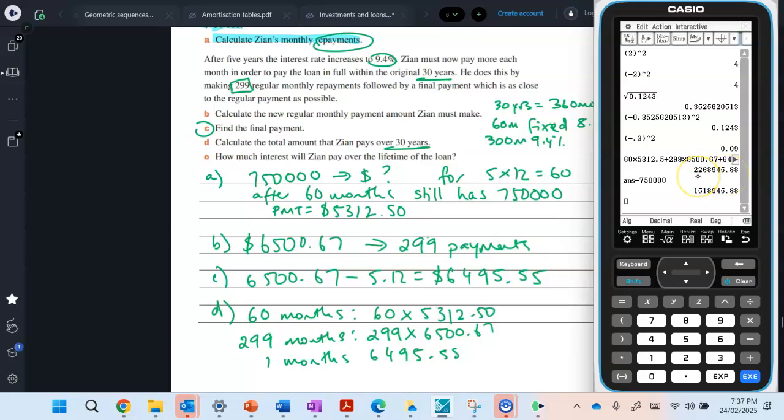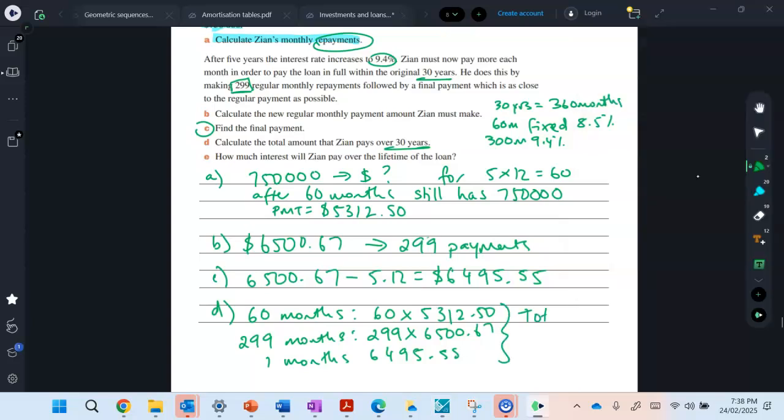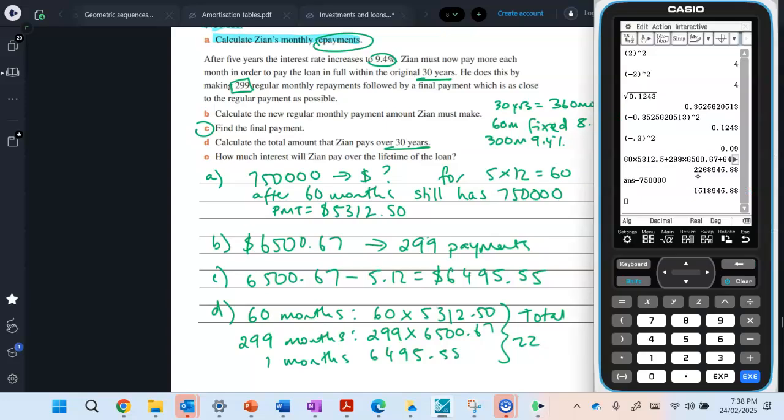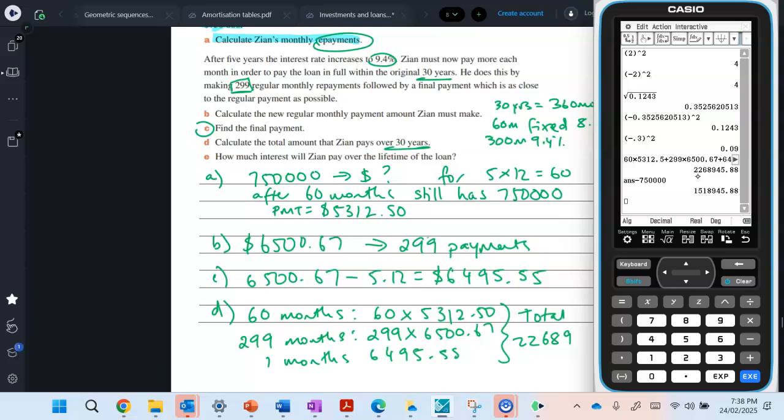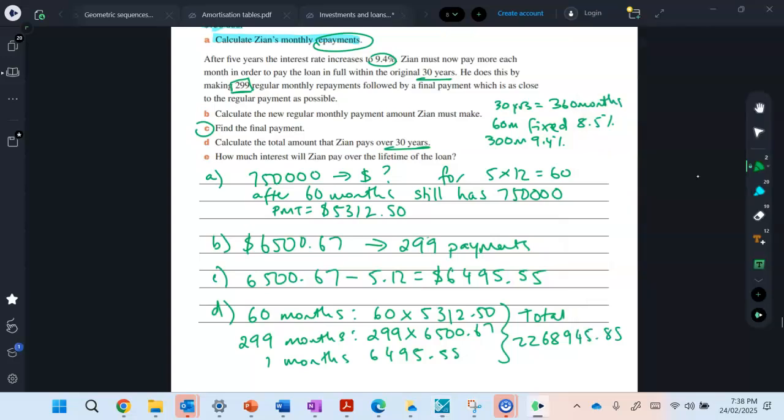Okay, so this $2 million value, so let's just do the total. So it's 226894588. All right, so that's how much was paid in total. So you've got this $750,000 house and you're basically paying over $2 million for it.